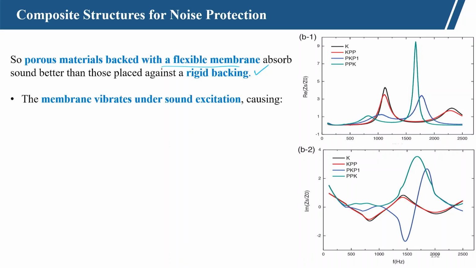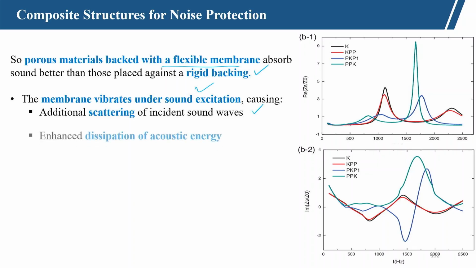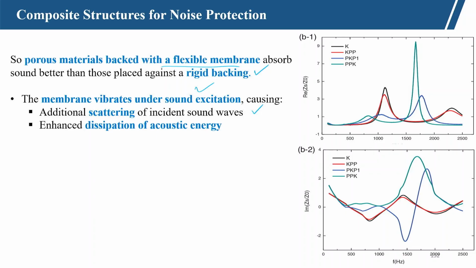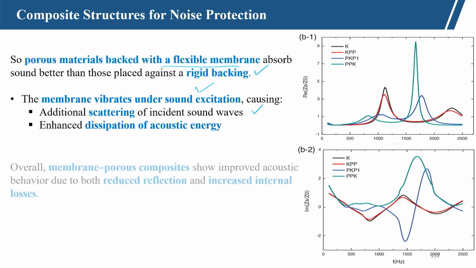The membrane vibrates under the sound, which absorbs the sound energy, whereas the rigid material will not vibrate that much. So, additional scattering of incident sound will take place, enhancing the dissipation of acoustic energy.